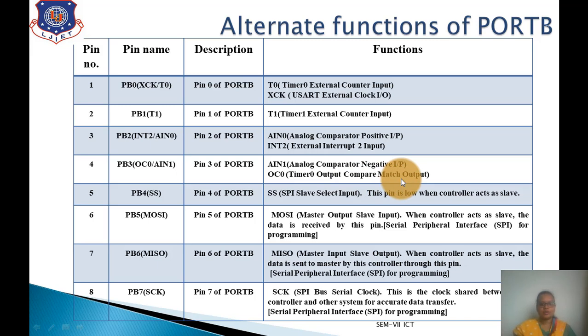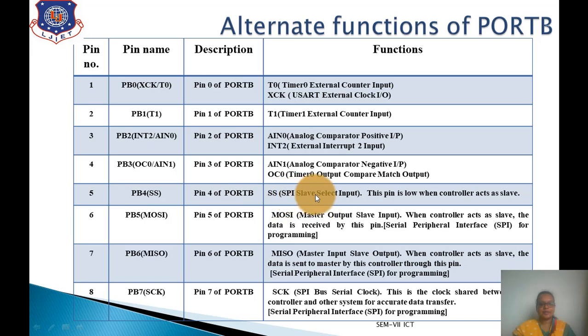First, the normal mode, and second, the output compare mode. For normal mode, we will use T0 and T1 for the timer, and whenever we are using the output compare mode, OC0 and OC2 on port D will be used. What the normal mode and output compare mode are, we will see in chapter 5. Now PB5 or PB4 stands for SS.